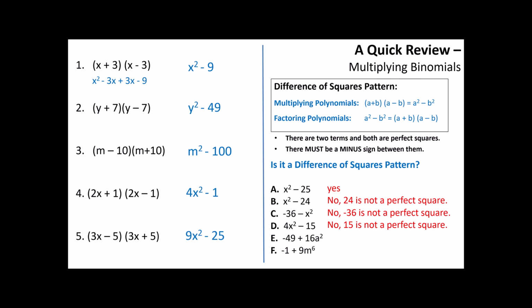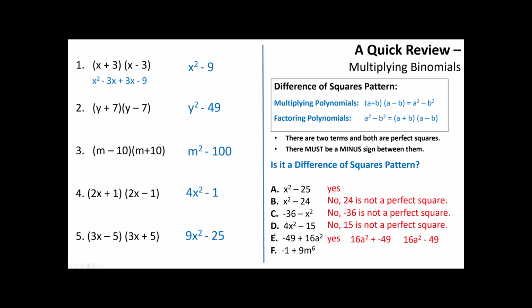However, this one is. It's actually a little bit tricky, because if I were to rearrange this, and put the 16a squared first and the minus 49 second, notice this plus negative here? That's the same thing as subtraction. 16a squared minus 49.